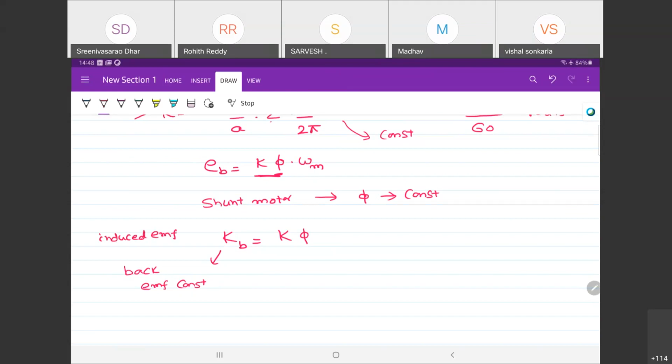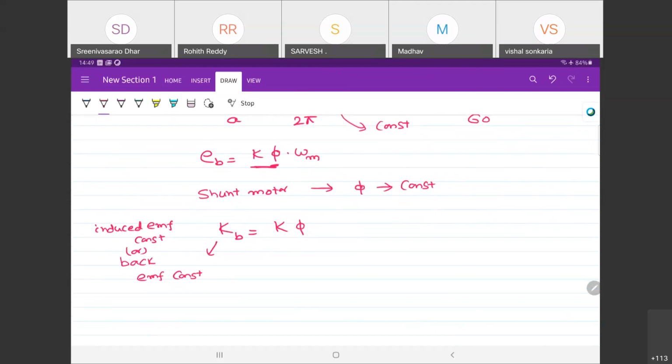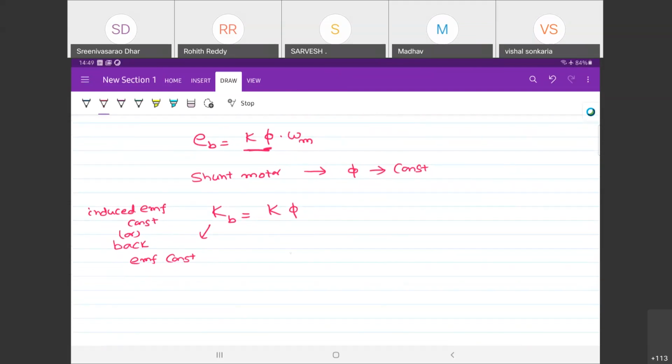We assume this flux phi is constant, so we can write EB as KB into omega m.